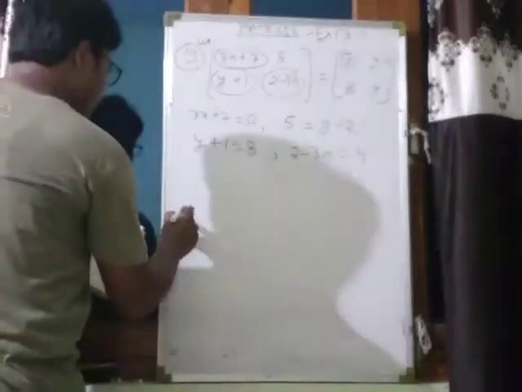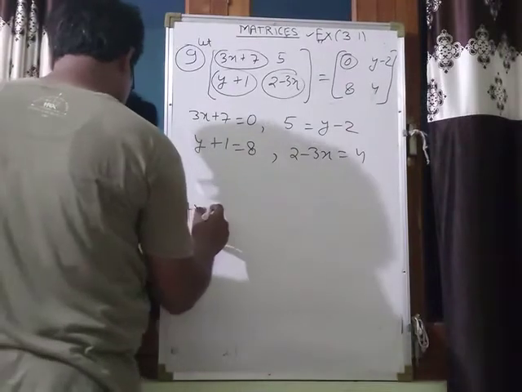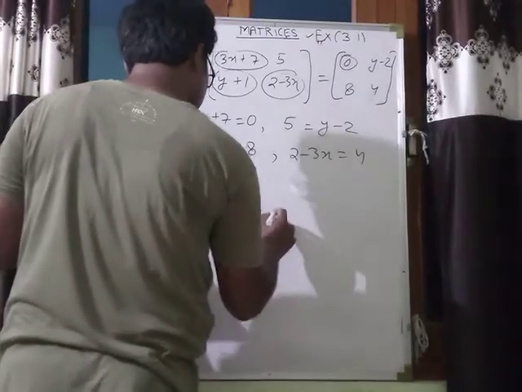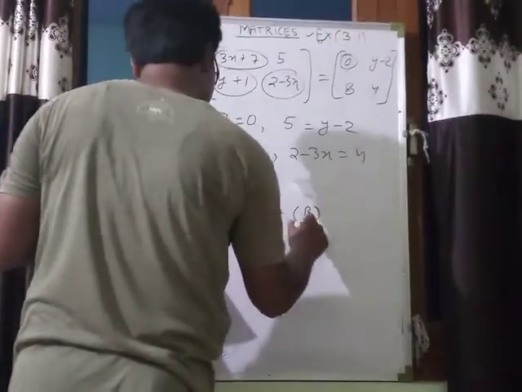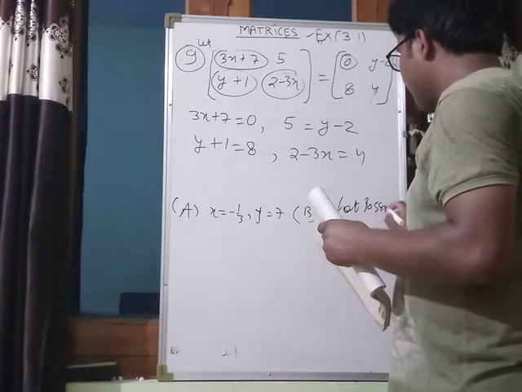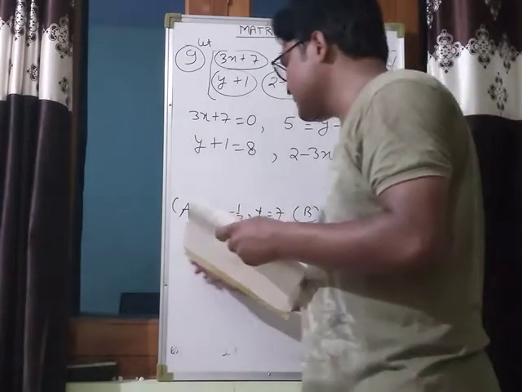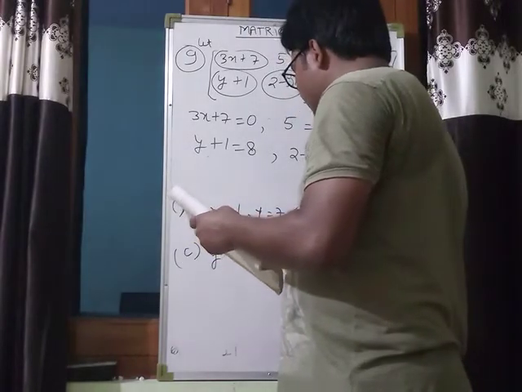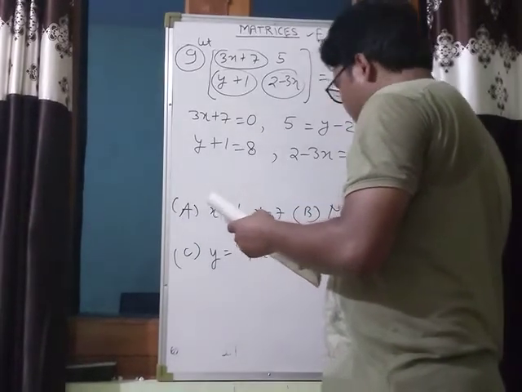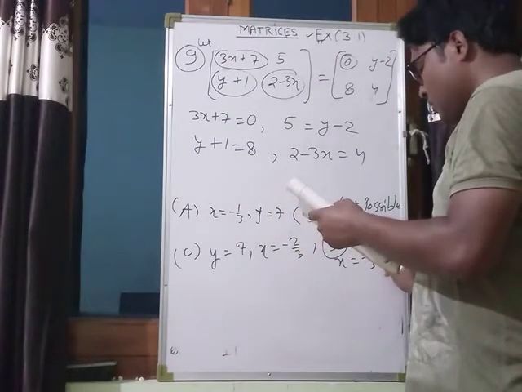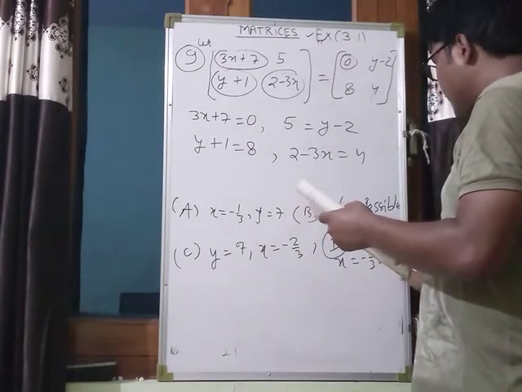Option A is x is minus 1 by 3, y is 7. Option B is not possible. Option C is y is 7, x is minus 2 by 3. And option D is x is minus 1 by 3, y is minus 2 by 3.